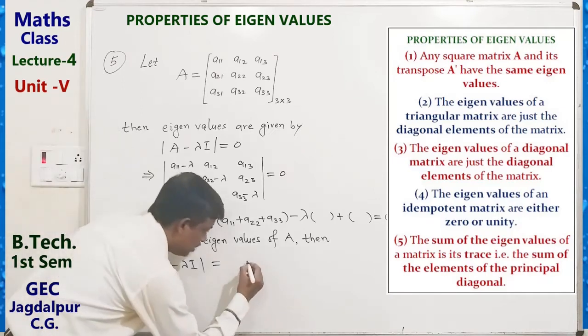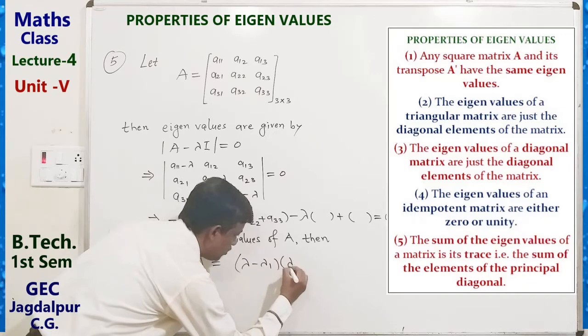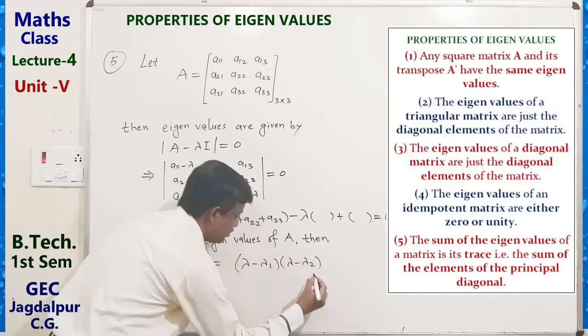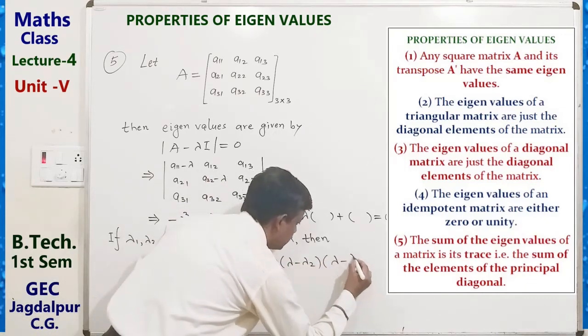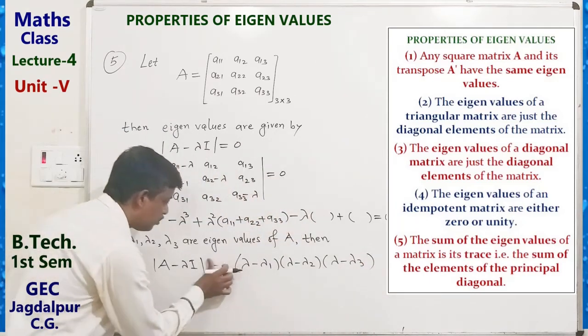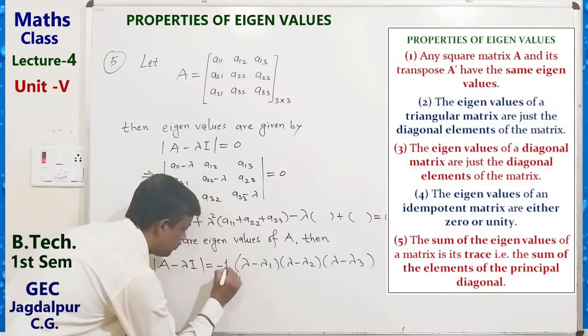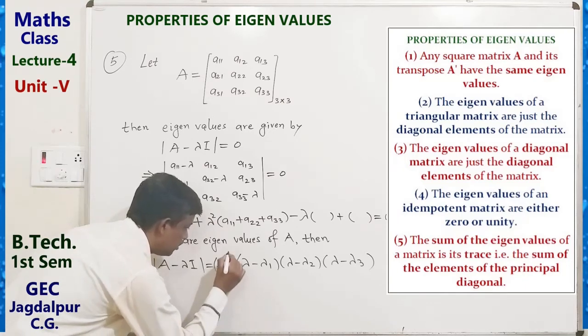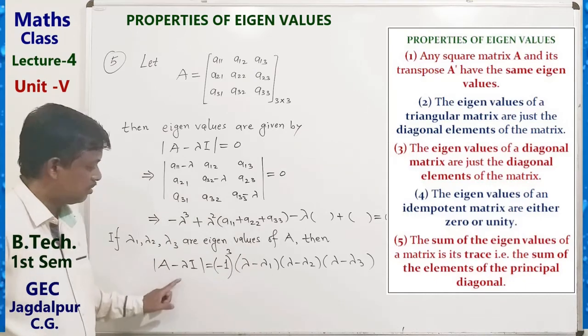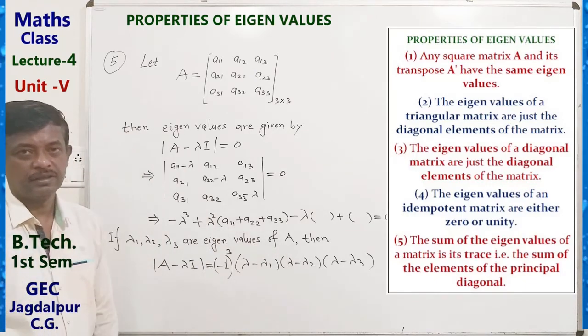So we can write lambda minus lambda 1, lambda minus lambda 2, lambda minus lambda 3, with minus 1 to the power 3, because of lambda minus lambda. So we can write like this. Clear?